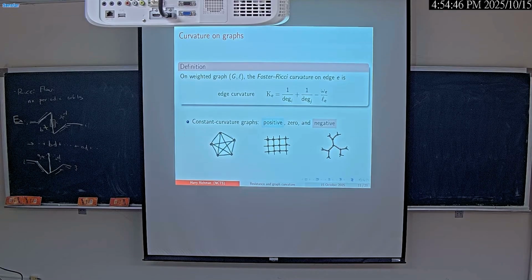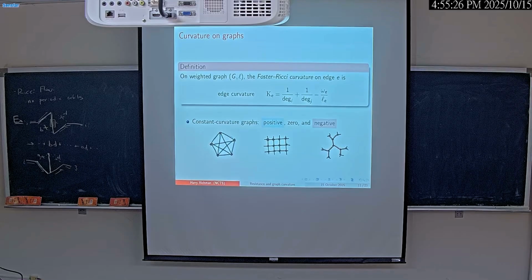So this omega E means the effective resistance from one endpoint of the edge to the other endpoint. But that doesn't include E. You said it includes E. It does. When I measure this effective resistance, I can still include E on this edge. The edge E is still there when you define omega E. Often in many cases, you care about the effective resistance when you delete the edge, but here I want the effective resistance when I keep the edge.